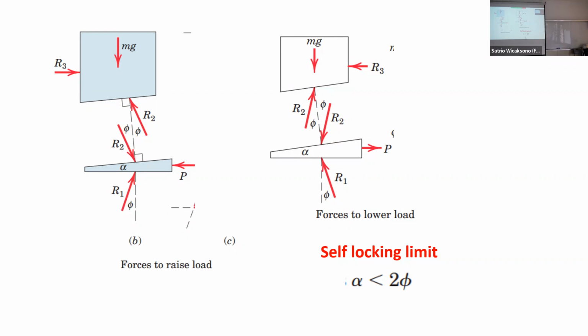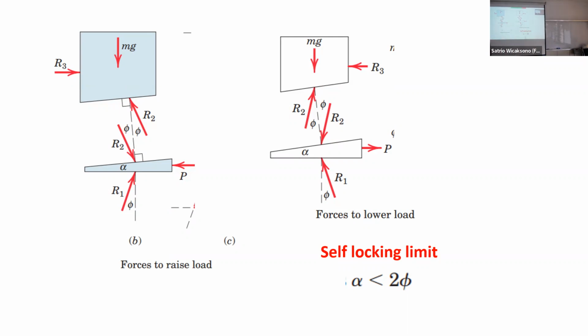Apa alasannya? Kenapa kok self-loathing itu terjadi apabila alpha di bawah 2 pi? Ingat, tangent V itu adalah sama dengan mu S-nya, tergantung dari surface-nya ya.